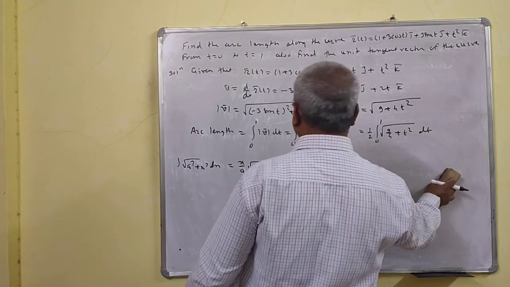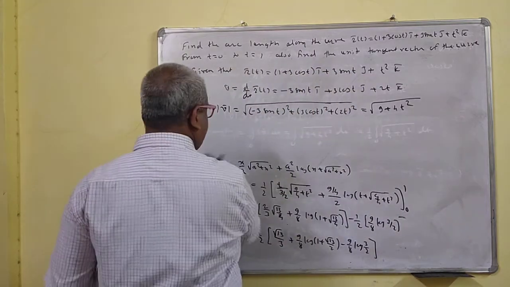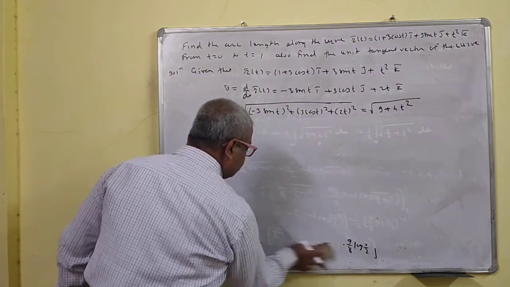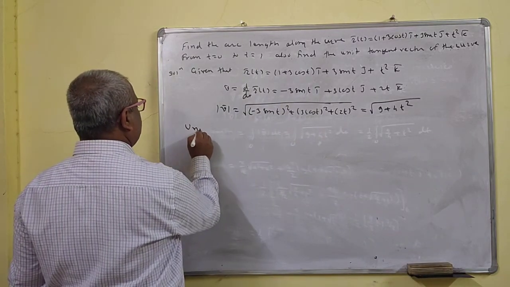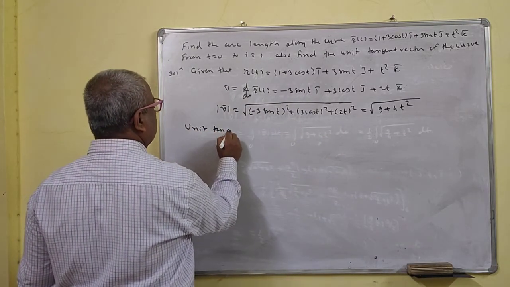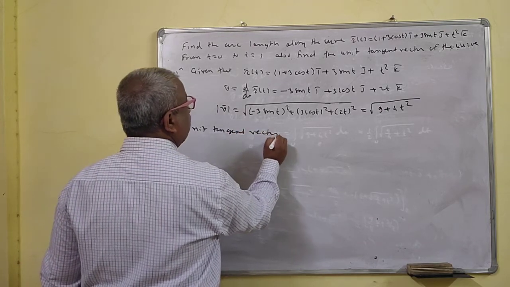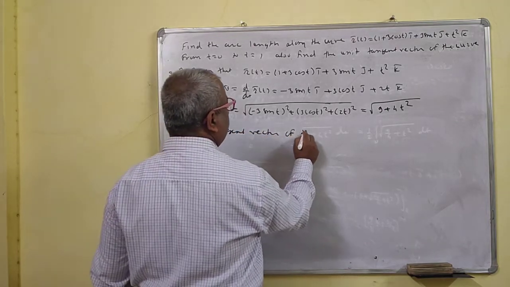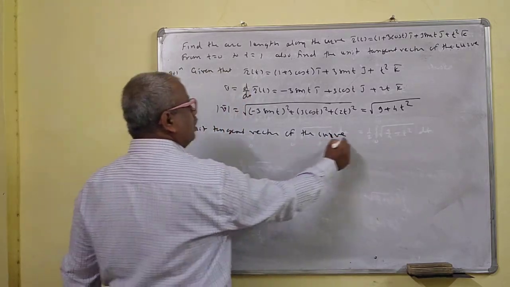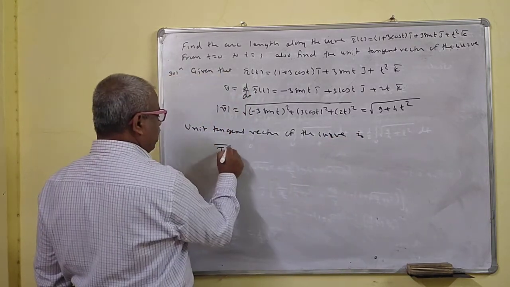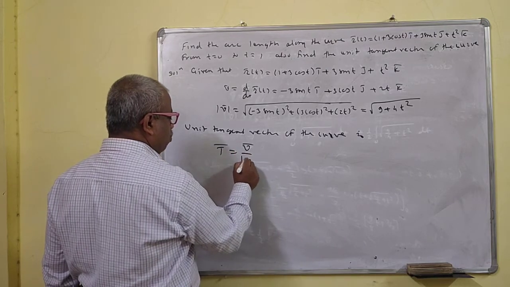Now you have to find a tangent vector. The unit tangent vector of the curve is T bar is equal to V bar upon mod of V bar.